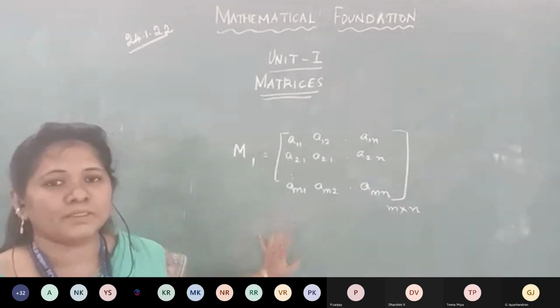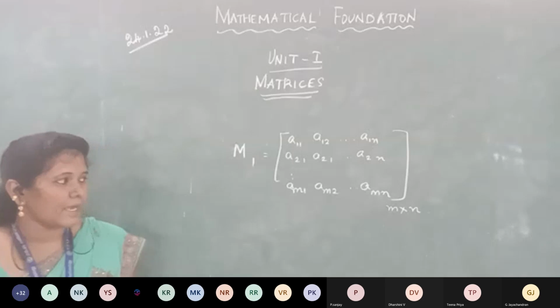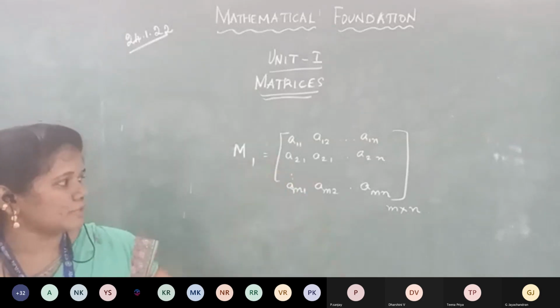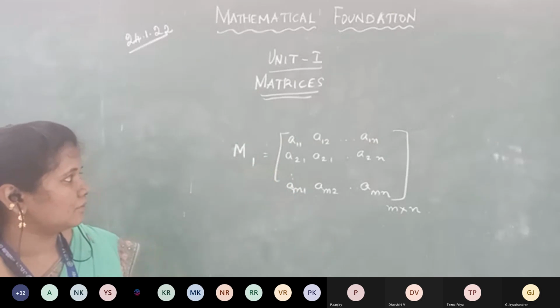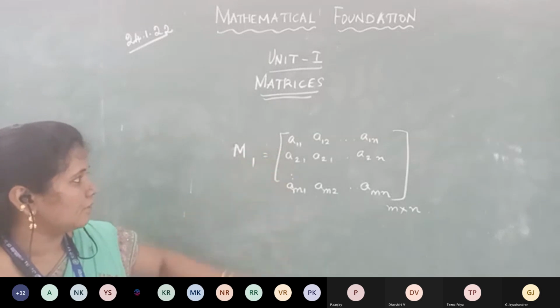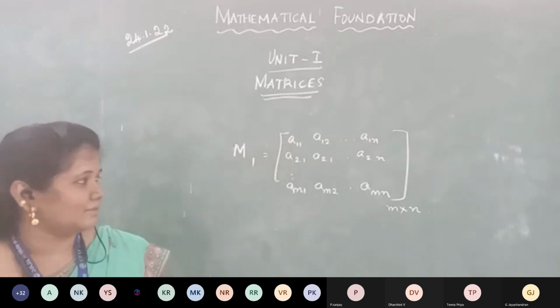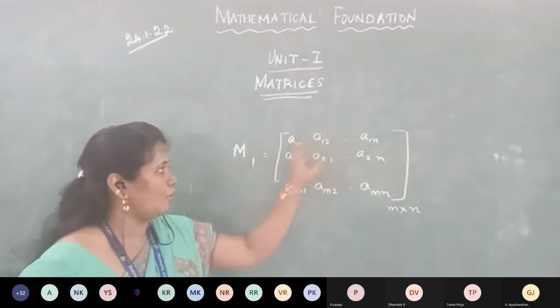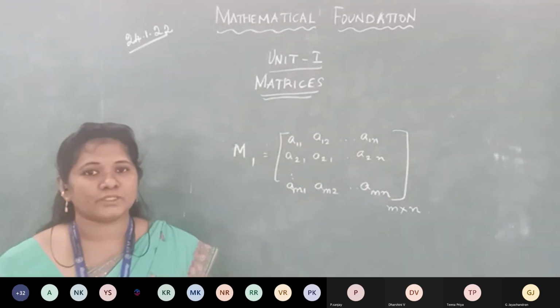So matrix is nothing but the arrangement of rows and columns. The order is M rows and N columns. Very good. That is how you write your order.